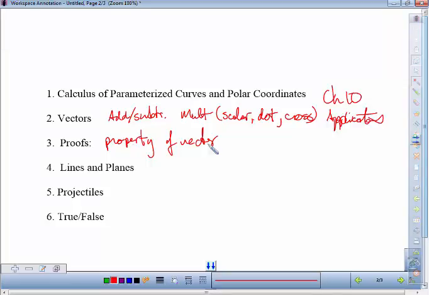The next one is lines and planes. Find equations of lines and planes. You have to know all the different ways to write an equation of a line and the different ways to come up with an equation of a plane. It would be good if you know how to find the intersection of two planes or two lines.